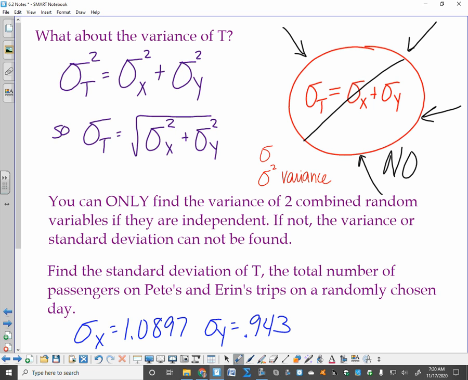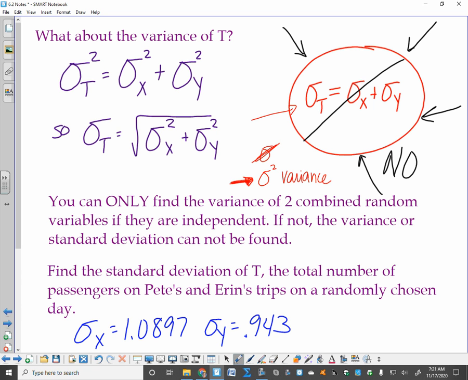Now, I can relate two different variables' variances together, but I cannot relate two variables' standard deviations together. So this is founded on the variances, not on the standard deviation. Okay, so I'm thinking variances.